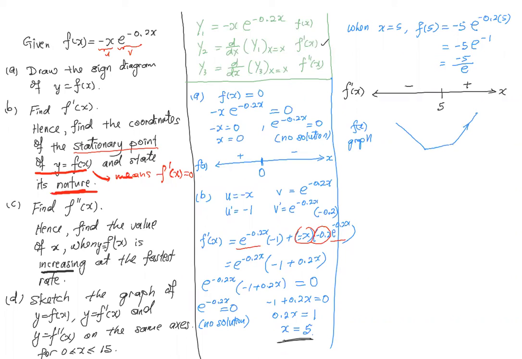So therefore, this is local minimum of y equal to f(x). So you see, in this case, I keep writing down which function I'm talking about. Local minimum of y equal to f(x) is (5, -5/e). Okay, so I'm done with part B.